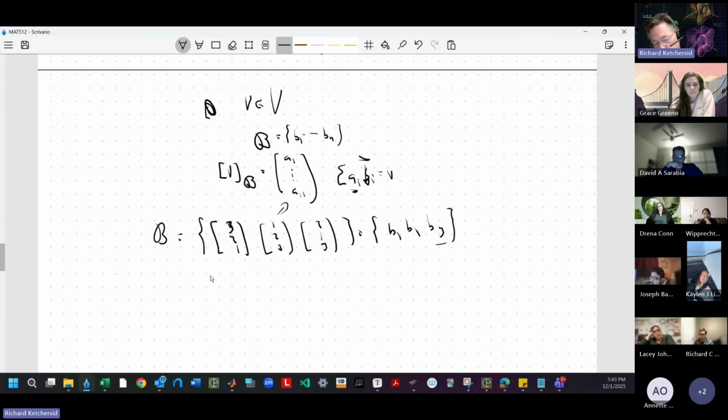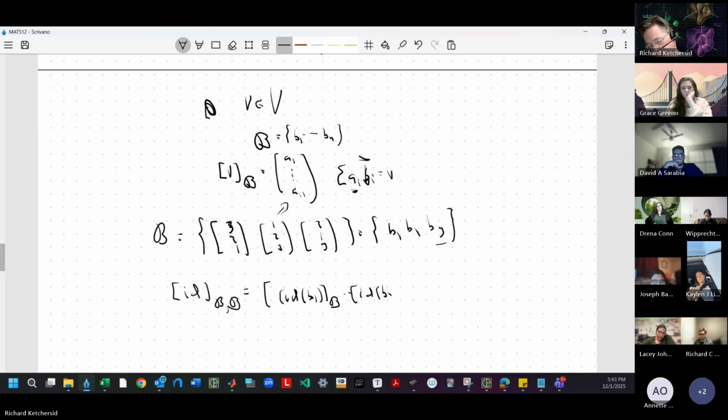And so then I'm writing down the identity map with respect to that basis on both sides. That's going to be the identity map applied to B1, written out with respect to basis B. I'm just repeating what I had above.